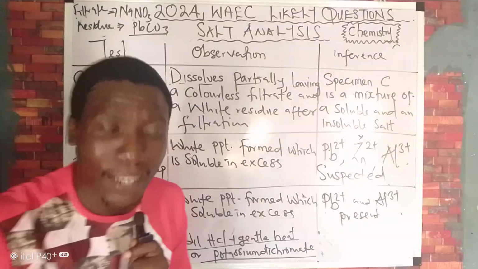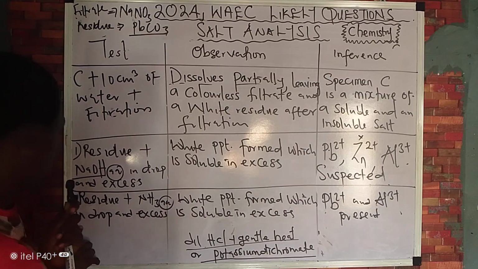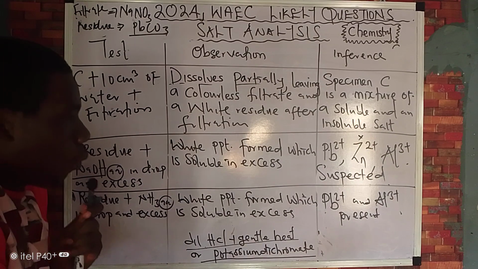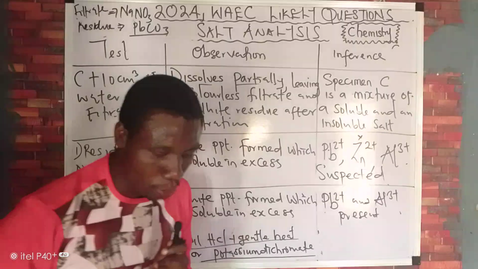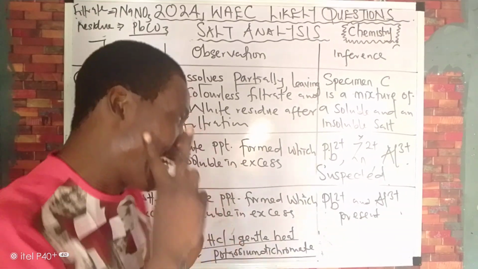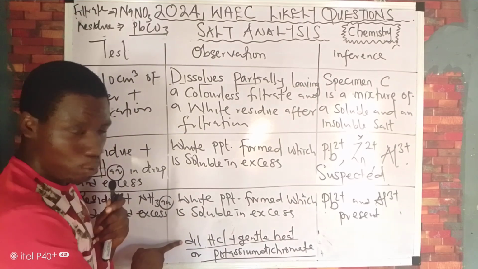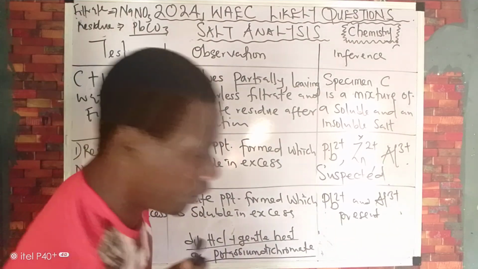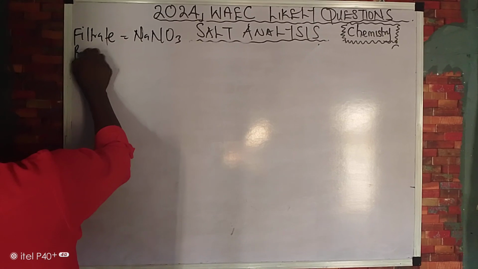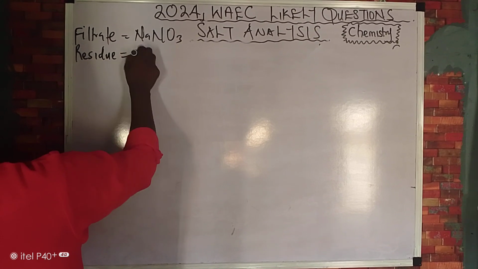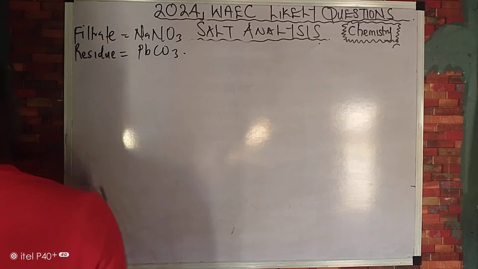Either you use dilute HCl or you use potassium dichromate to confirm the presence of lead. Now we are going to still test on the residue. Why? Because we have not fully confirmed whether it is lead or aluminium. So the next one, they will say you do either of these two. Residue, lead carbonate.